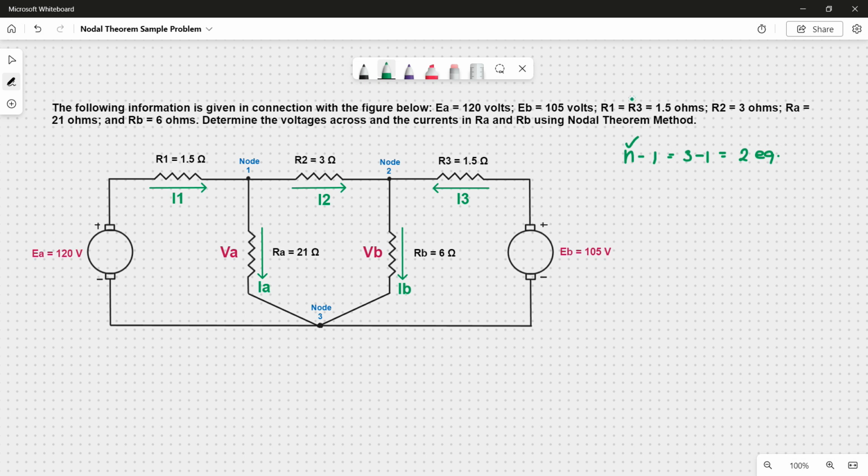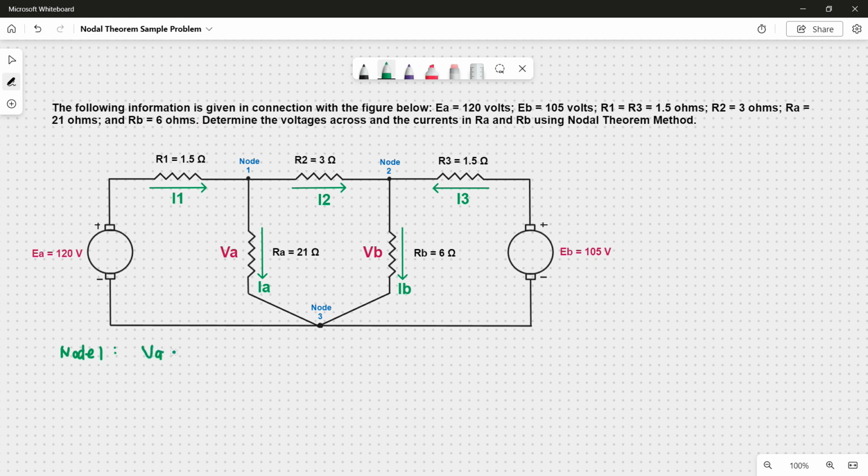Note particularly that node 1 is a junction of R1, R2, and RA. Node 2 is a junction of R2, R3, and RB. For node 1, we write current equations in each of the connecting lines, starting here. We can get the current in this resistor by subtracting VA and EA and dividing it by the resistance.